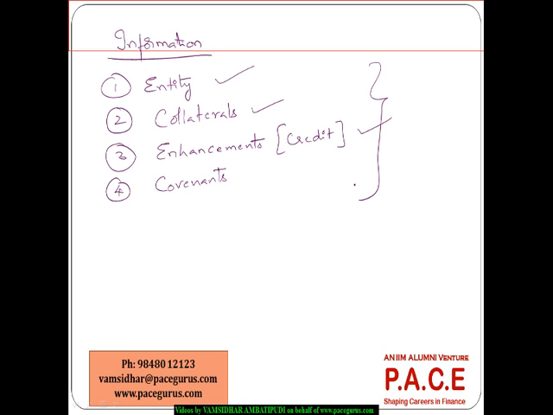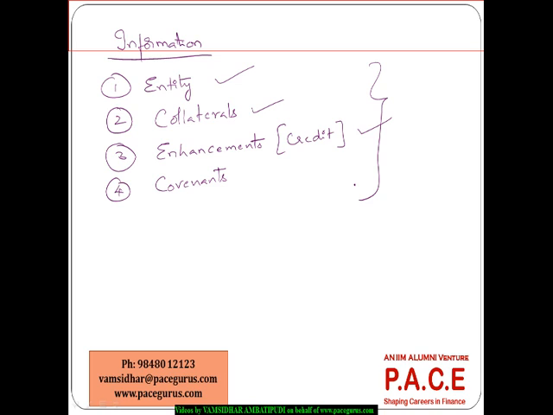A detailed understanding of each of these structures is needed, and that is where the final assessment of the worthiness of that particular bond is evaluated. So we'll go one by one in terms of understanding each of these dimensions, right?